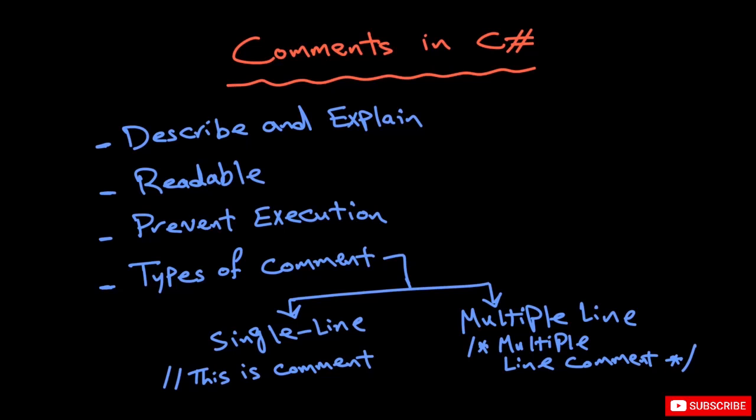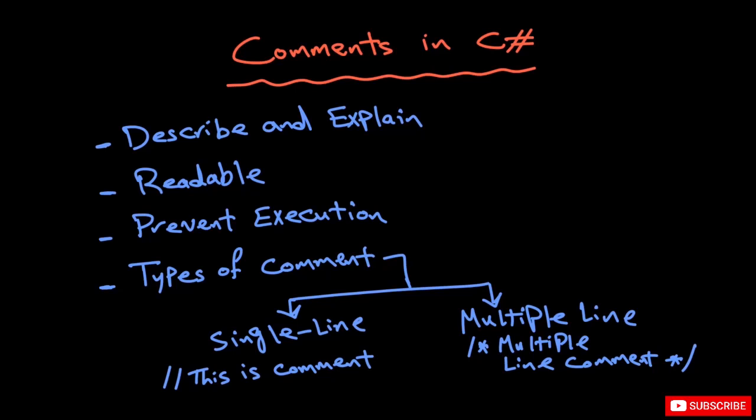The second type of comment is called multiple line comment or block comment, and you can create a multiple line comment in multi-lines by using the opening symbol and the closing symbol. The opening symbol is /*, and the closing symbol for this multiple line comment is asterisk slash.